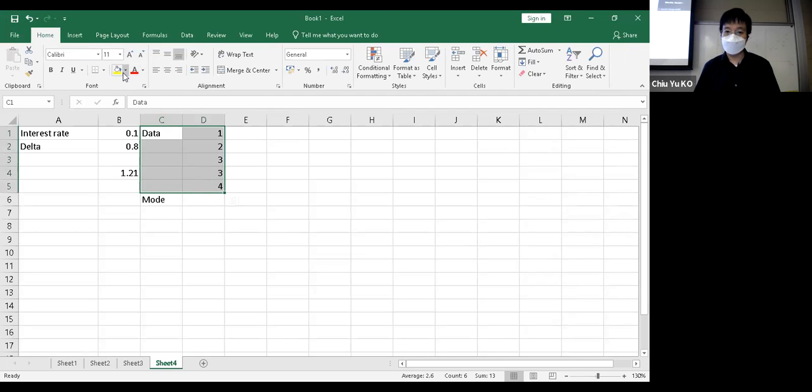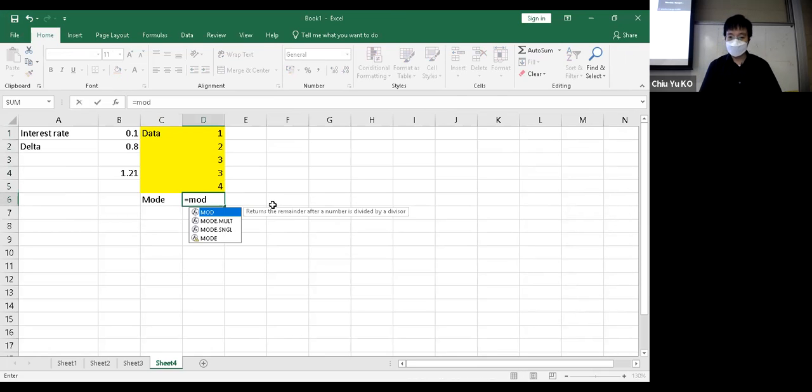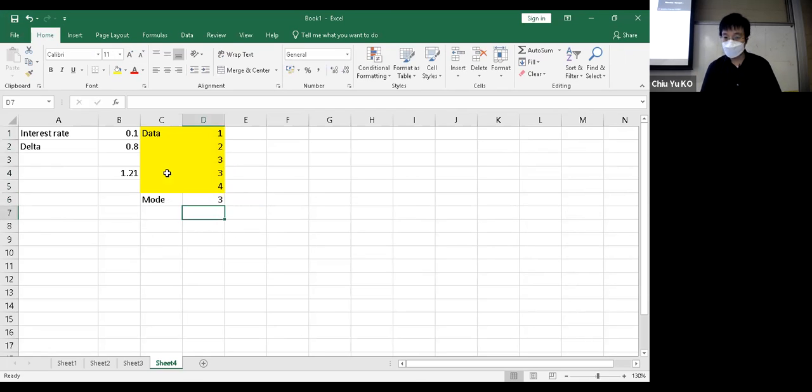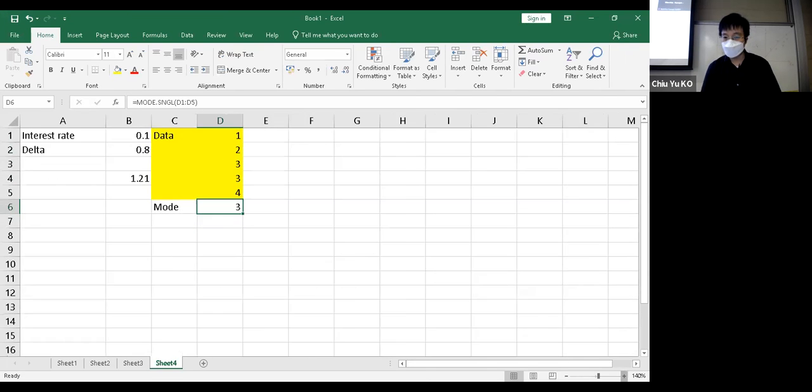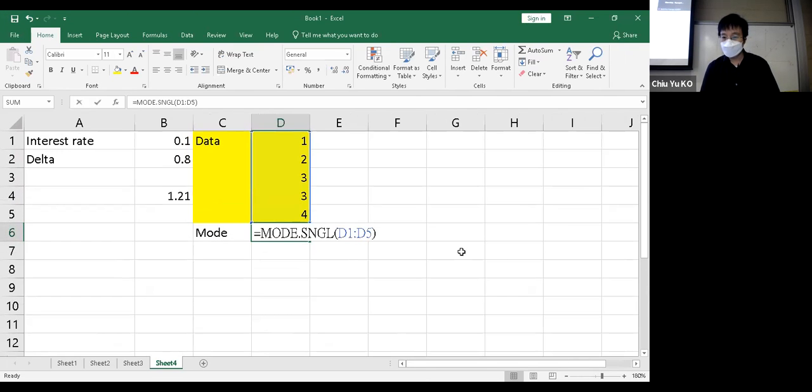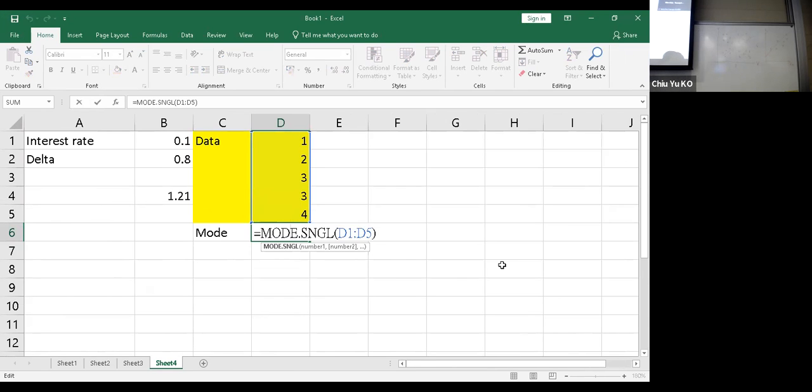I put the yellow color. To find the mode, I just do MODE.SNGL, and I highlight this, right? I make it bigger. You can see conveniently it picks up the 3.